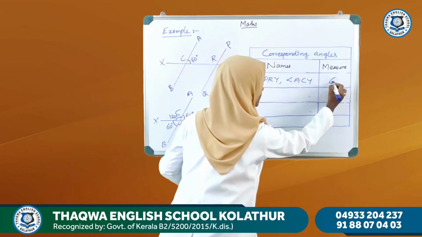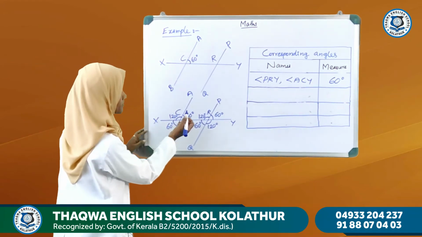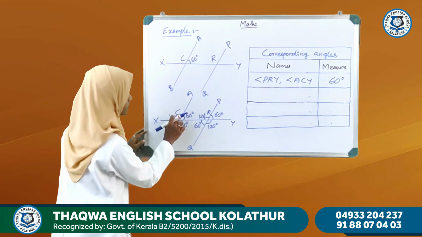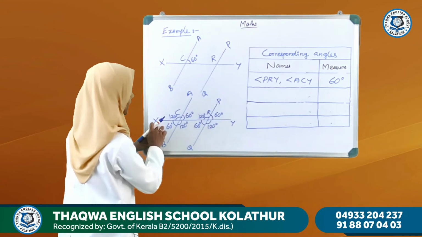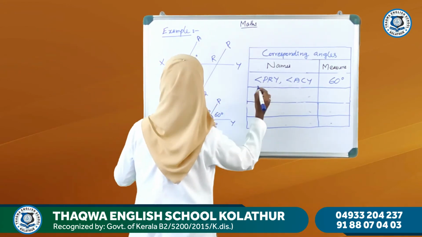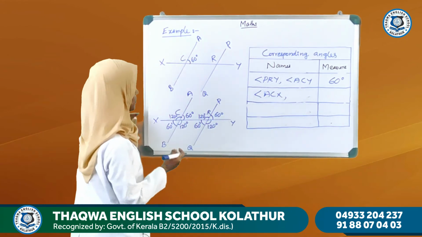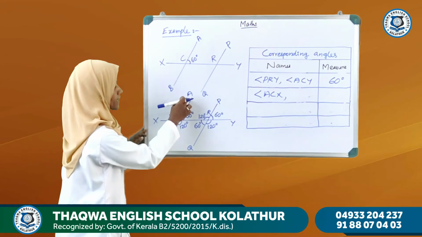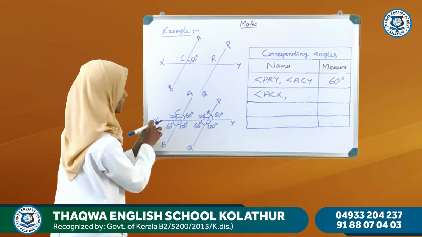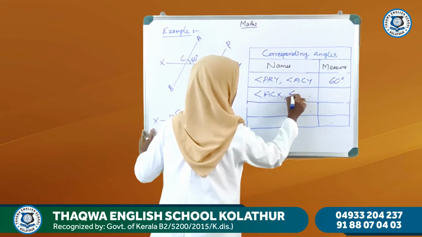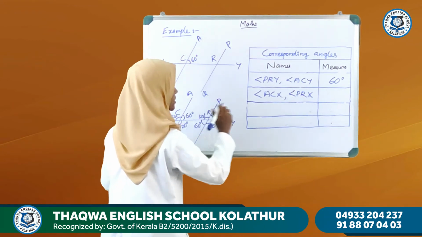Measure is 60 degree. The next second pair, angle ACX, left side angle, and angle PRX. The measure is 120.